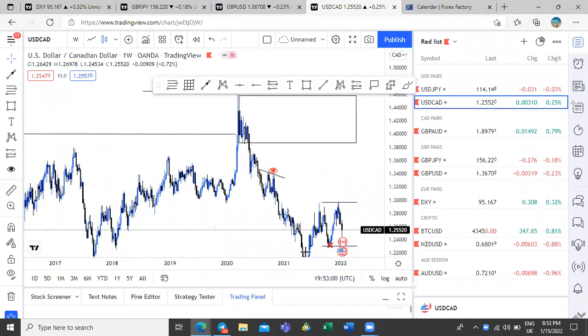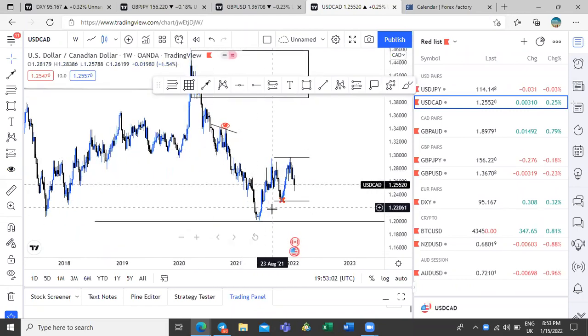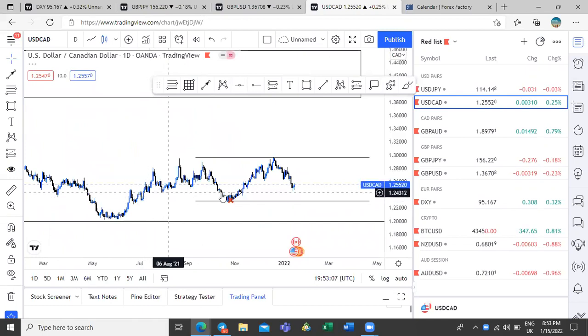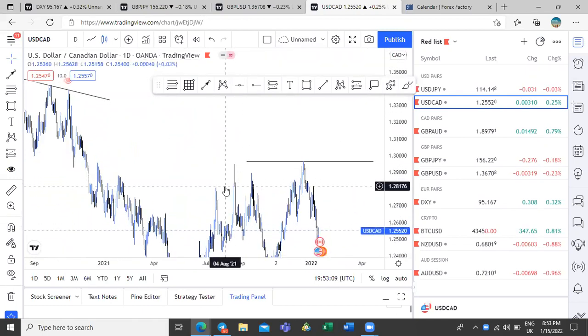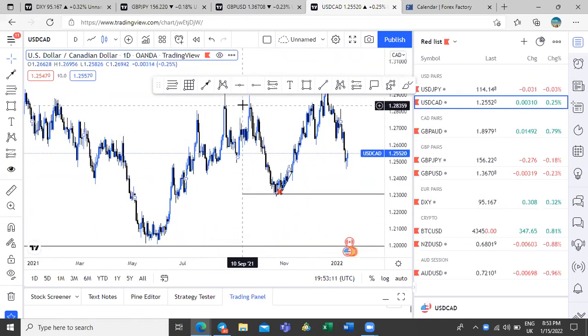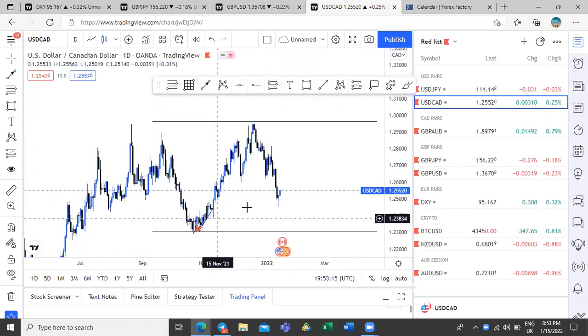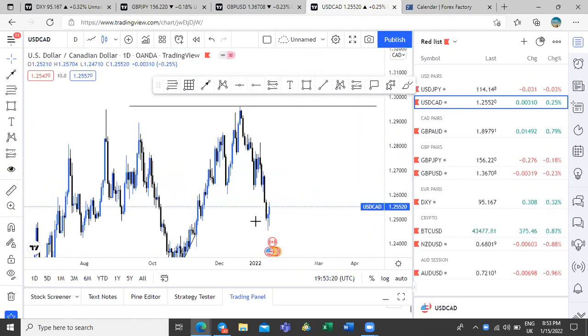So now they broke, and the price action has now given us a daily buying swing. High, low, high, low. So these are our points of interest. We want to buy USD CAD and see USD CAD going up.